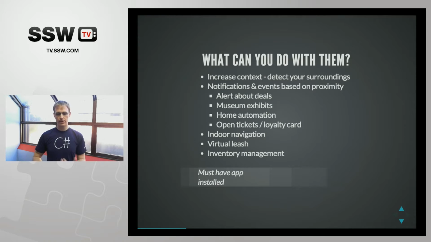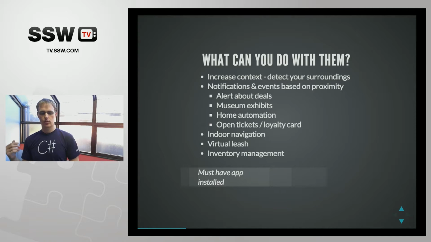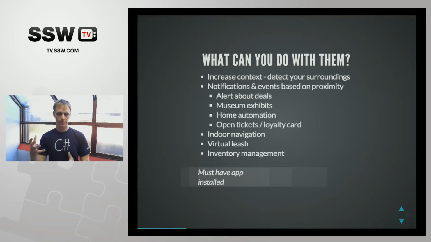So iBeacons themselves, in terms of iOS development, let you raise notifications and events based on proximity. So the big thing that everyone's using them for is retail. When you walk into a store, you can have your app pop up, say, oh, welcome back to the store, here's a discount.